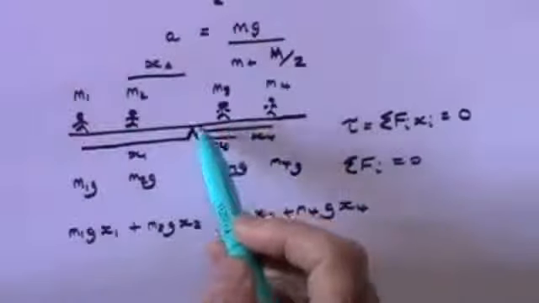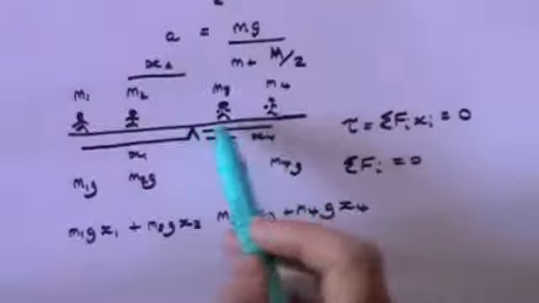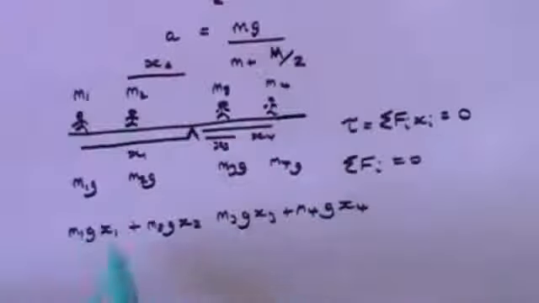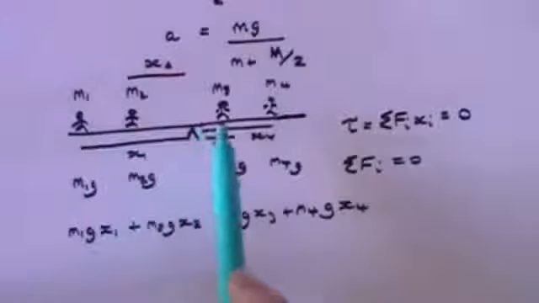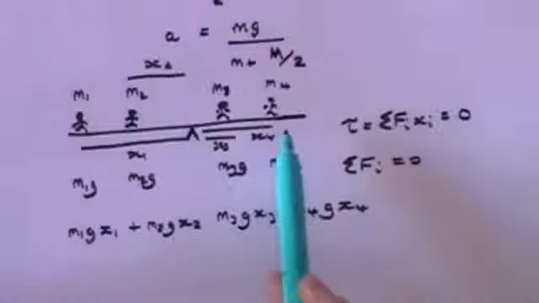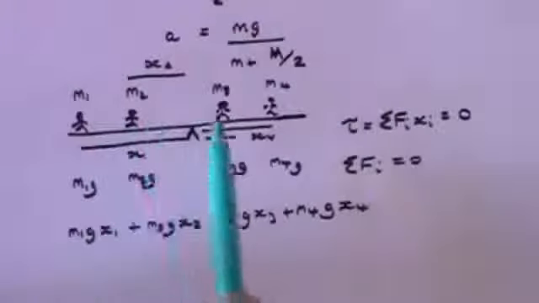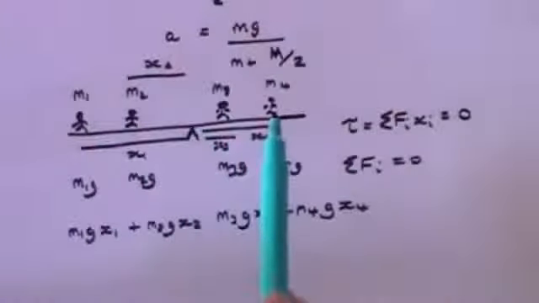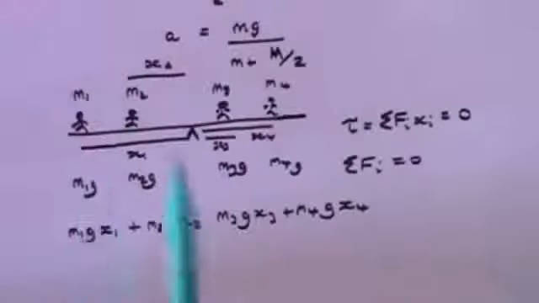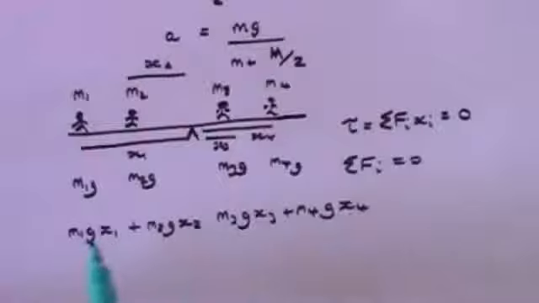And that's the formula that dictates where these people have to stand depending on their weight. Typically you'll be given certain masses, maybe you'll be told where 3 of them are standing, and you'll be asked where the fourth has to stand in order for the seesaw to balance, and you'll need that formula to do that.